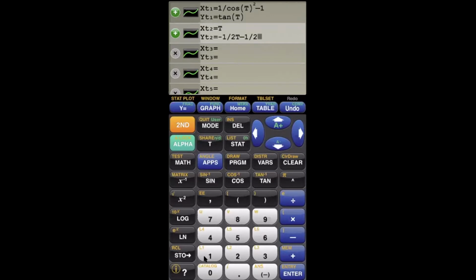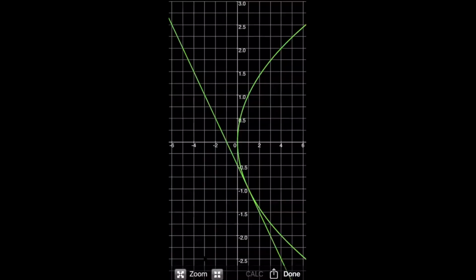Now I'm going to go to the graph, and you see that the curve looks like a hyperbola. Actually, I think it's a sideways parabola now that I think about it. And you see the line there looks like it's hitting the curve at the point. We know it's hitting the curve at the point 1, negative 1.